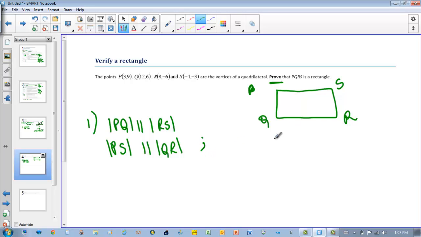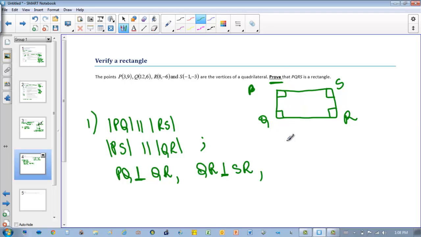Also, in a rectangle, I know that PQ should be perpendicular to QR, and let's do at least one more, and QR should be perpendicular to SR. And obviously going on, SR perpendicular to PS and PS perpendicular to PQ.